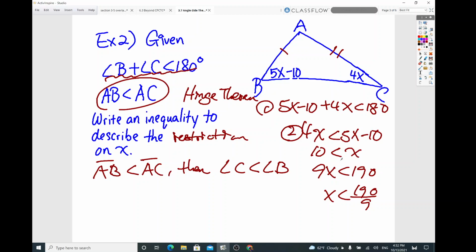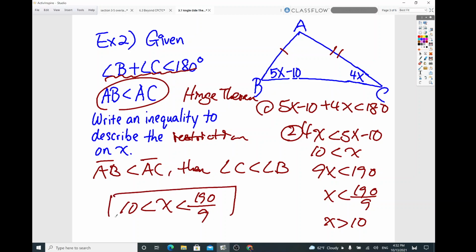So 10 is less than x. In other words, x must be greater than 10, but less than 190 over 9. Okay, so the boundary: x is right between 10 and 190 over 9. So that would be the restricted value for x.